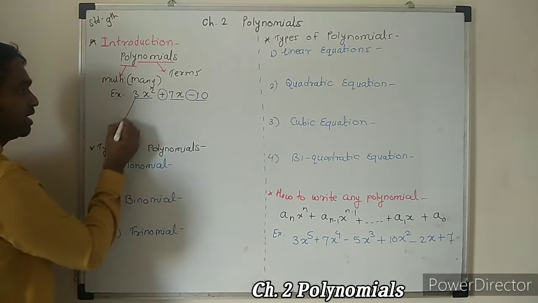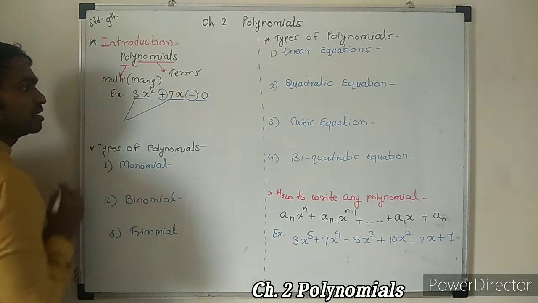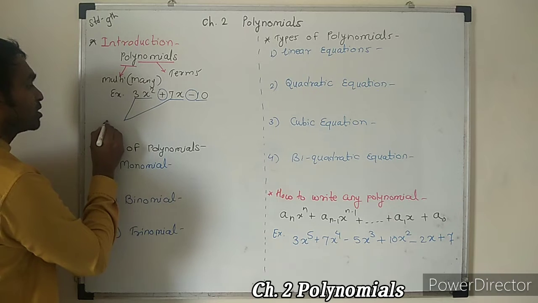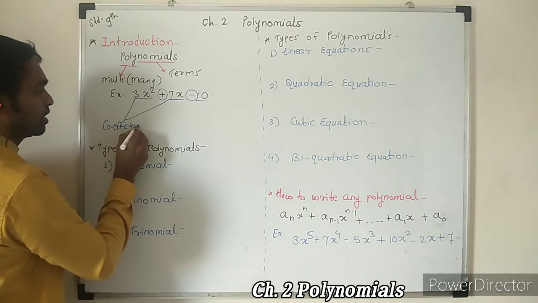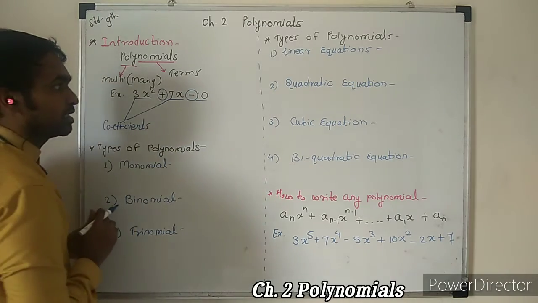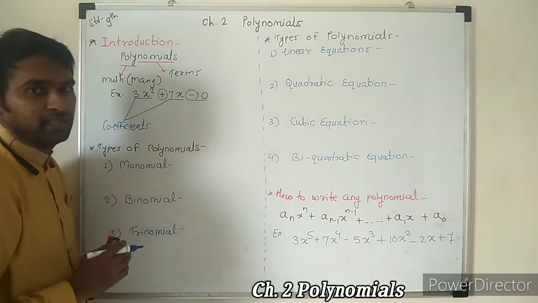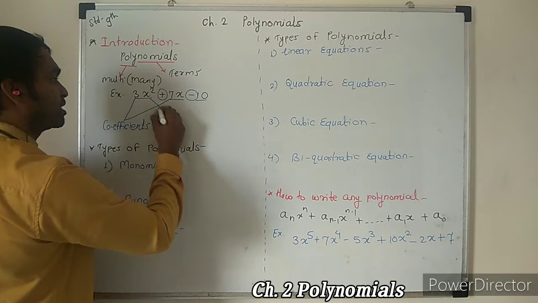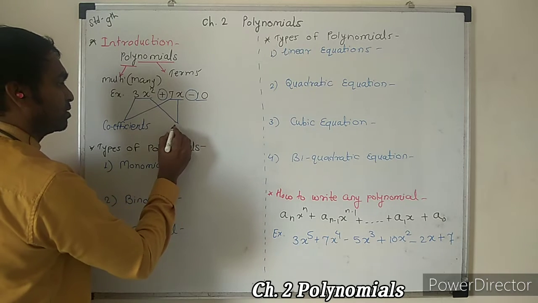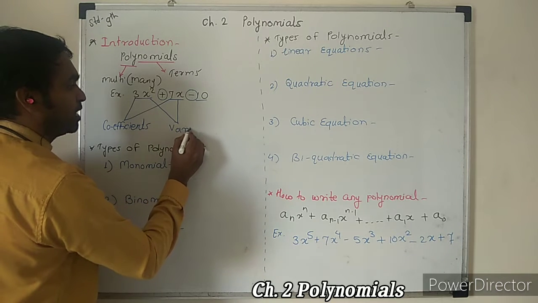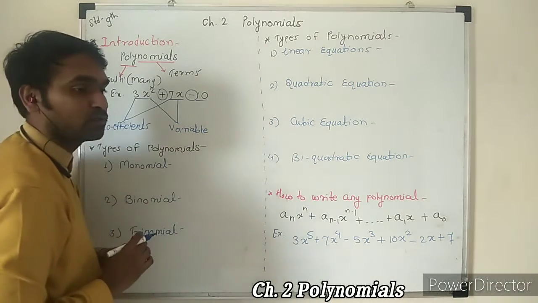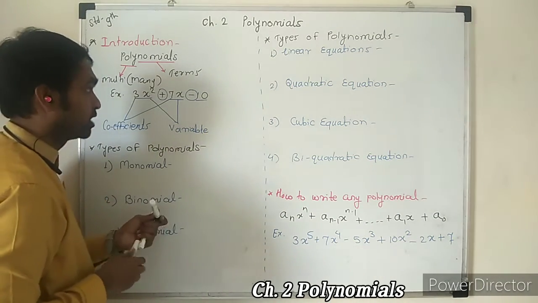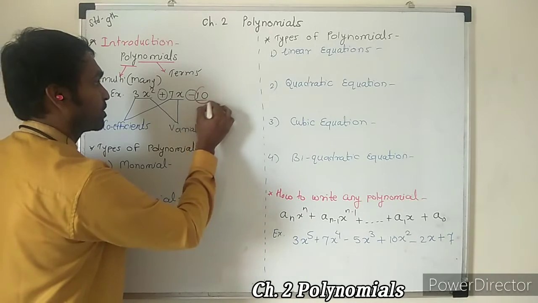So see first, here 3 and 7 are both coefficients. Coefficients are connected to variables. Here which variable is used? The x variable. And the third one is the constant term, here minus 10.